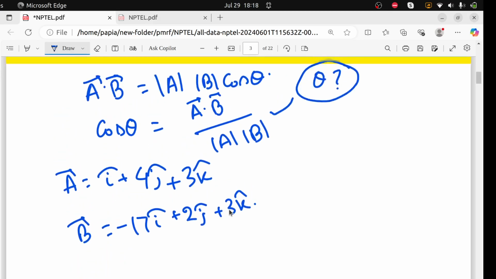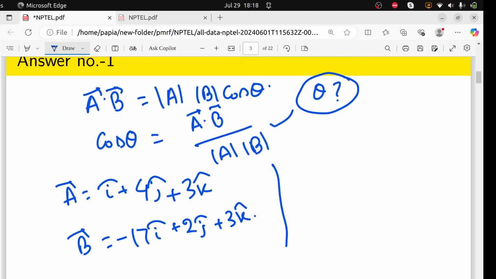I have to do A dot B. So what is A dot B? We just calculate the dot product, the scalar product. So i cap dot i cap gives 1, i cap dot j cap gives 0, i cap dot k cap gives 0. Similarly, j cap dot i cap gives 0, j cap dot j cap gives 1, j cap dot k cap gives 0, and k cap dot i cap is 0, k cap dot j cap is 0, k cap dot k cap is 1.